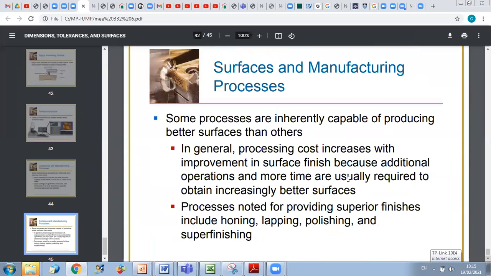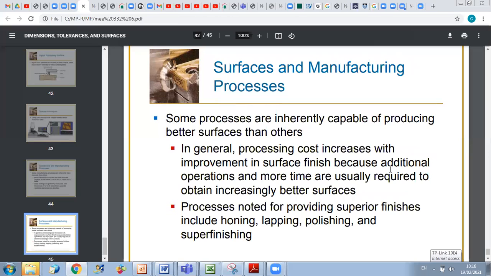So some processes are inherently capable of producing better surfaces than others. In general, processing cost will increase with improvement in surface finish because additional operations and more time are required to obtain increasingly better surfaces. And in general, we need several steps in enhancing the surface finish. We don't do it in one step. First, we use machining.